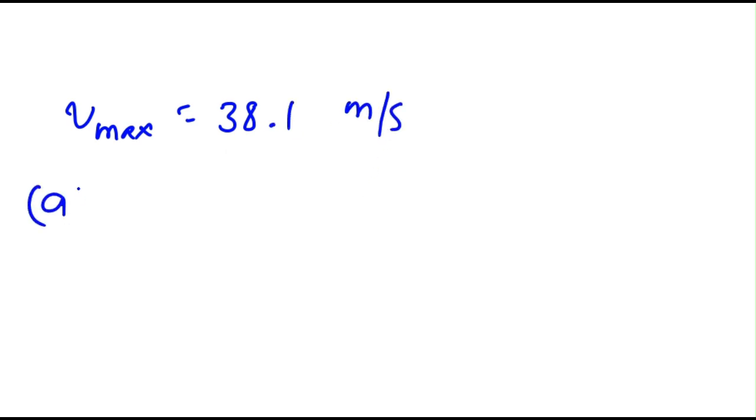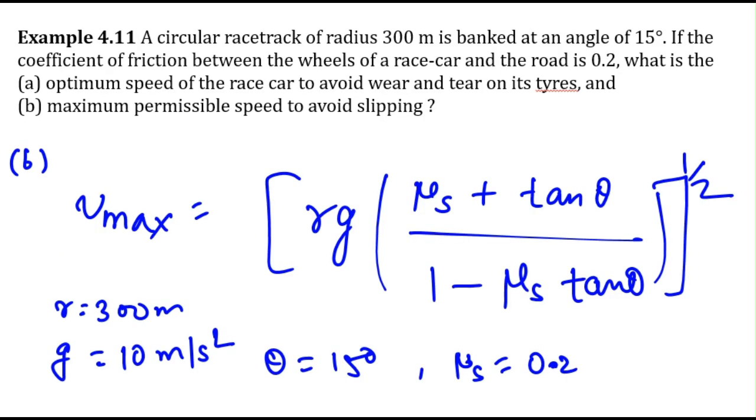Now moving to part A of this problem. We have to determine the optimum speed of the race car to avoid wear and tear on its tires. So what do we need to do here? We have to find the optimum speed at which the car can take the turn without the help of static friction, because friction is responsible for wear and tear of the tires.